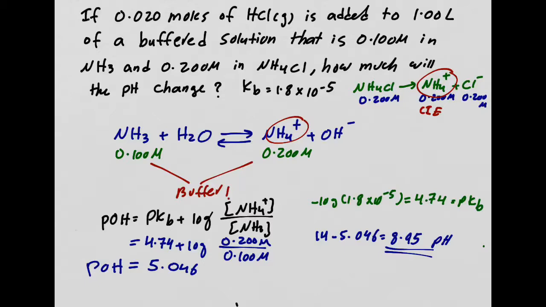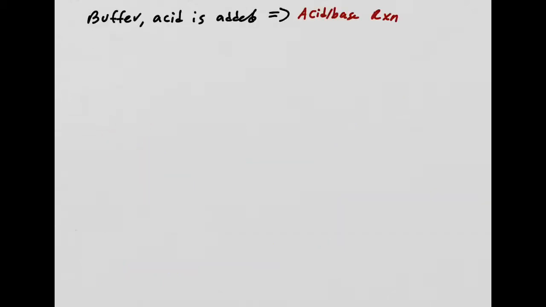Acid-base reactions are the fastest reactions in chemistry. Remember that. So I have an acid-base reaction. This is my acid. Acid on acid does nothing. But HCl is going to be attracted to the base, which is ammonia. Okay? So it's going to be attracted to ammonia, and I'm going to have an acid-base reaction.